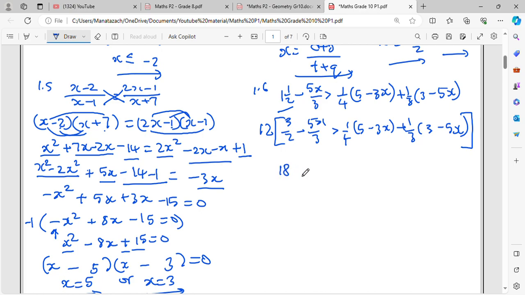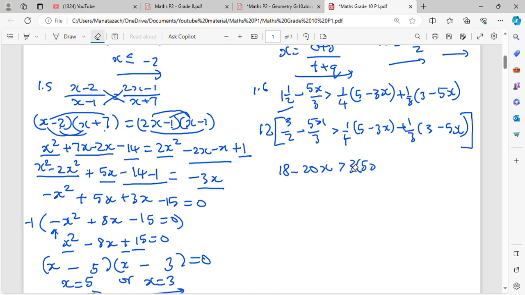We'll have 18 here, minus 12 divided by 3 is 4 times 5, 20x. 12 divided by 4 is going to be 3. So here we actually have 5 minus 3x. 12 divided by 3 is going to be 4.